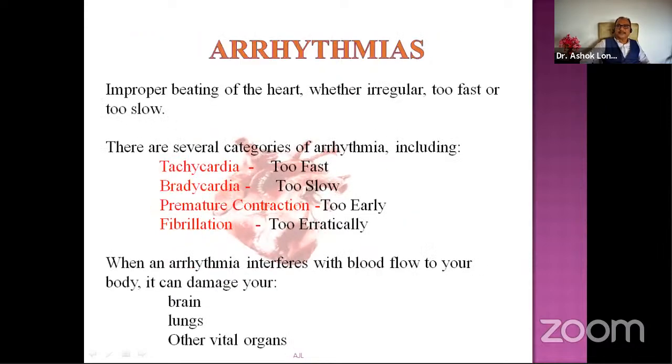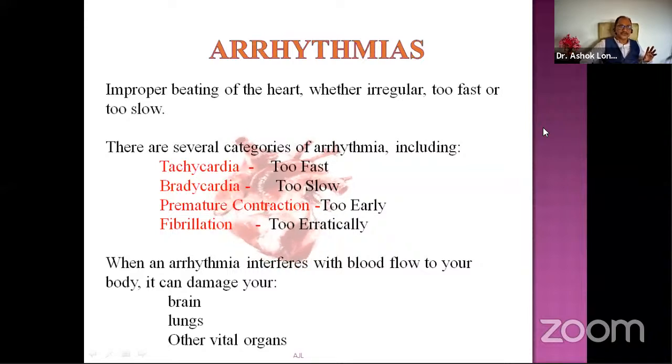Now the arrhythmia, as we have seen, is caused by some problem with the conduction system. As I told you, consider the concepts or principles related to the heart and Ayurveda.